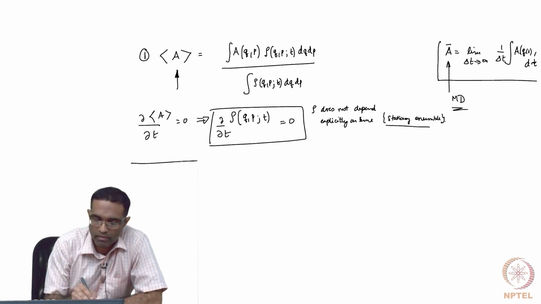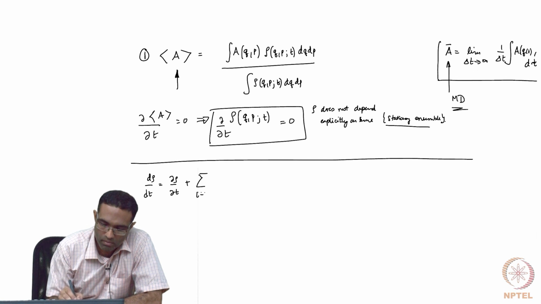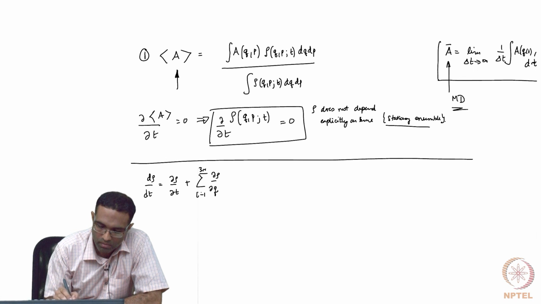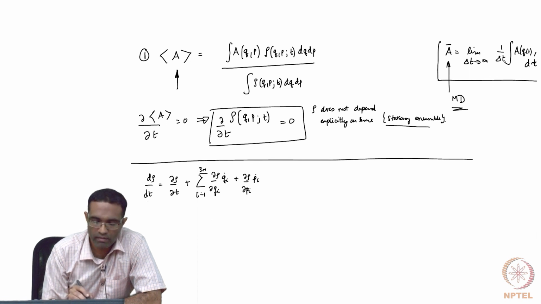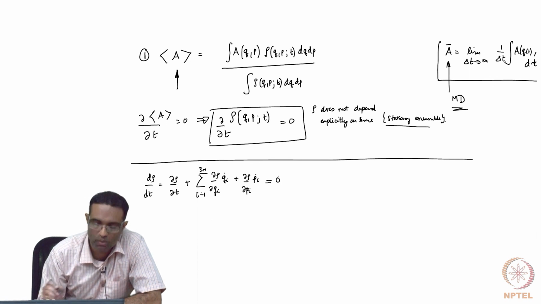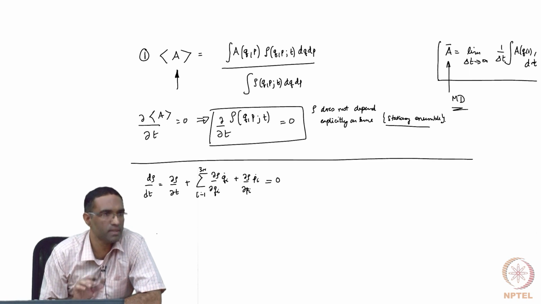Then we switched gears a little bit and wrote down this equation right here. We said that this has to be 0. We didn't prove it, we just told you that this has to be 0.